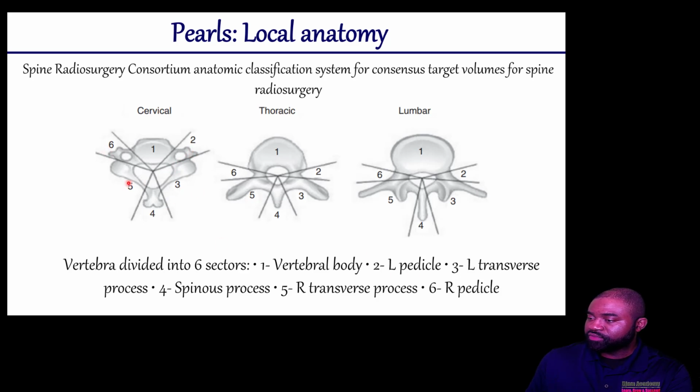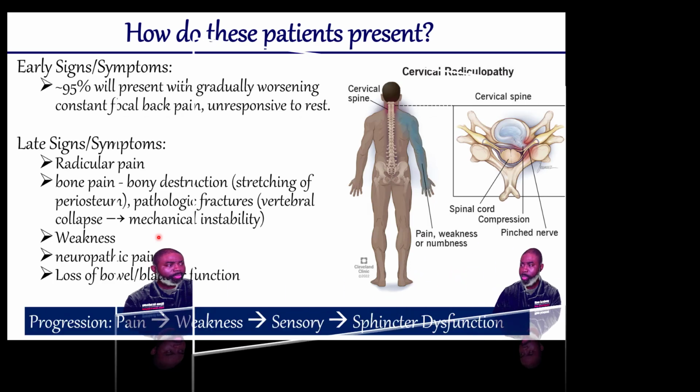Sectors 3 and 5 represent the transverse processes, and sector 4 represents the spinous process. This gives us guidelines as to how we can delineate the target, especially given that it is always found within the vertebrae. We will talk about this in a little more detail later.